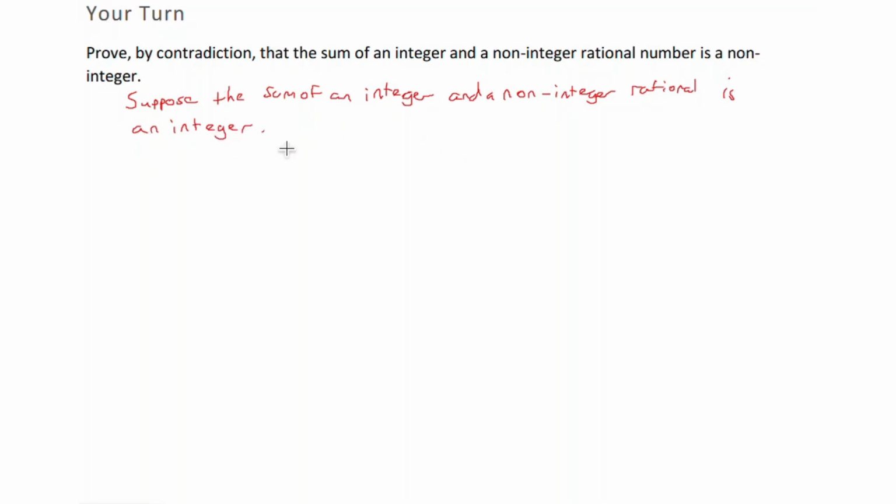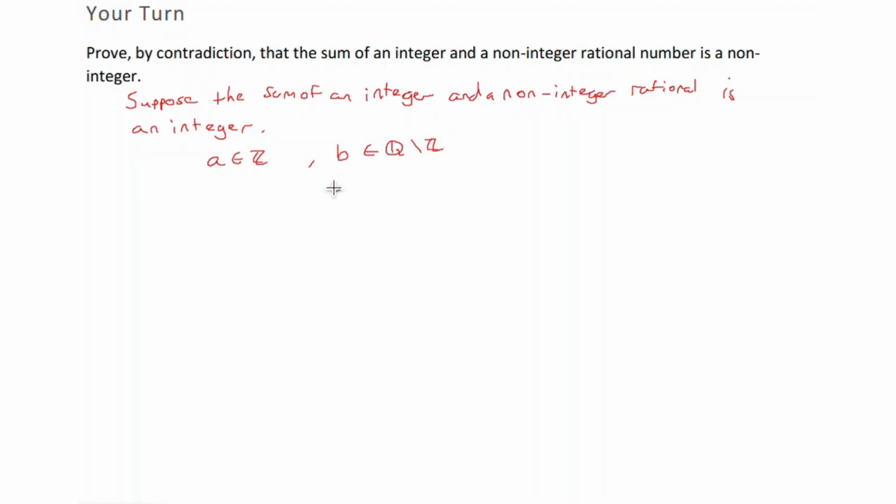Putting that into some algebraic terms, the sum of an integer, so we're going to let the first number be a, an integer, and a non-integer rational number, so b belongs to the rational numbers but not the integers.